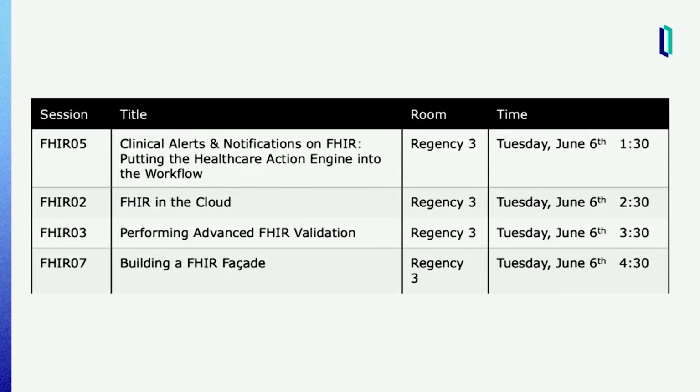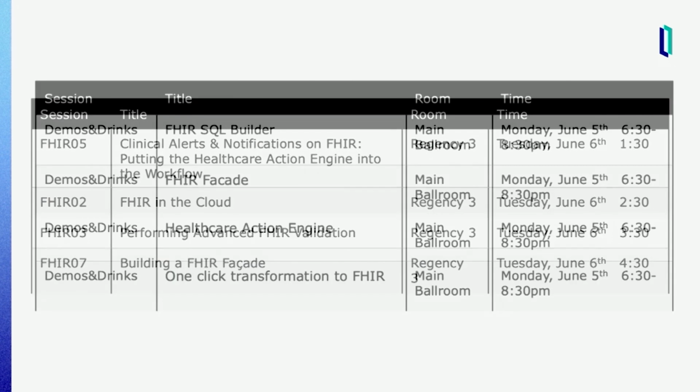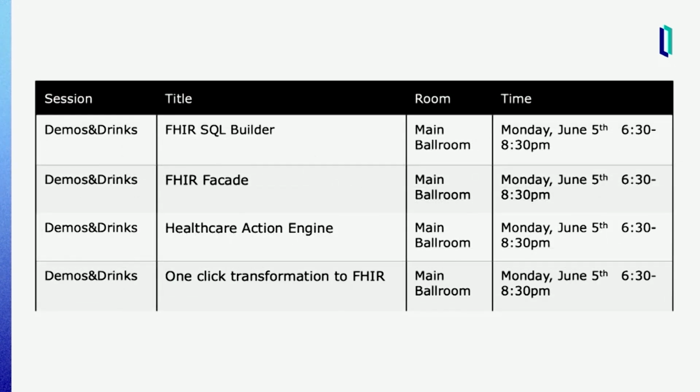Alerts, notifications with our new healthcare action engine, a rules engine that you can build without coding, that's FHIR-based, FHIR validation, building a FHIR facade, as I described, which is a FHIR API that doesn't have FHIR on the back end.